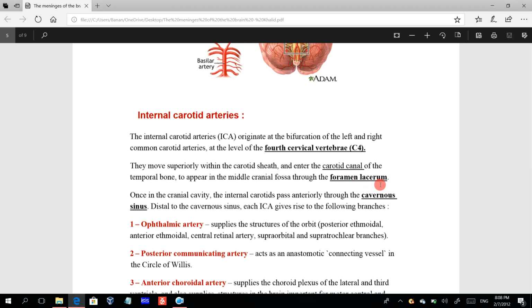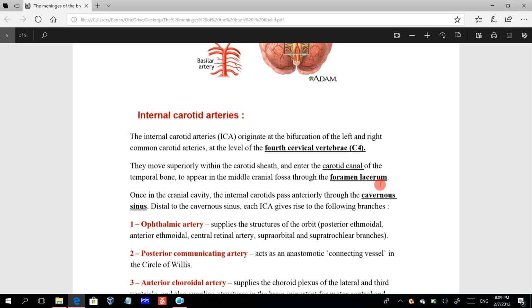The internal carotid artery will ascend superiorly to reach the under surface of the temporal bone, and here there is an opening or canal which is called the carotid canal. The internal carotid artery passes through this canal, but it moves slightly anteriorly to enter the middle cranial fossa through the foramen which is called foramen lacerum.